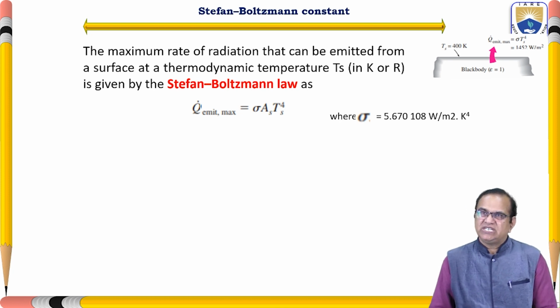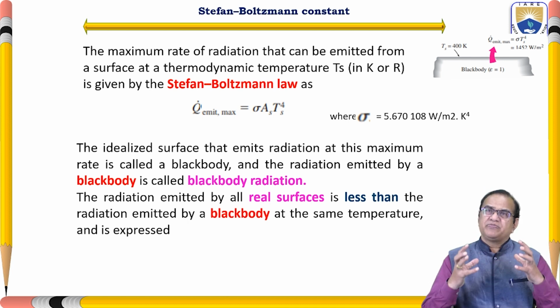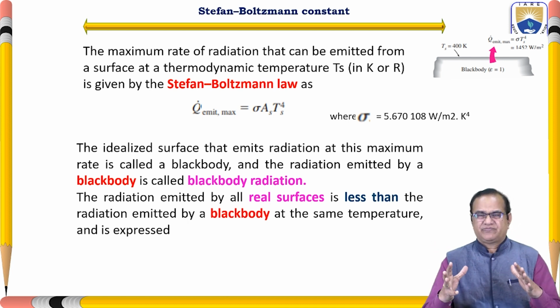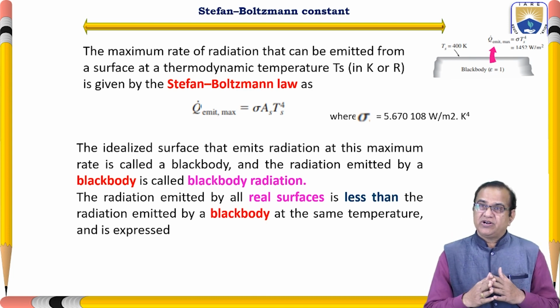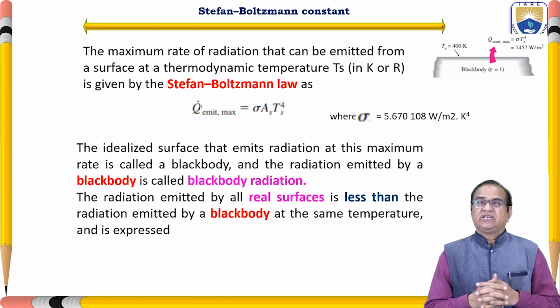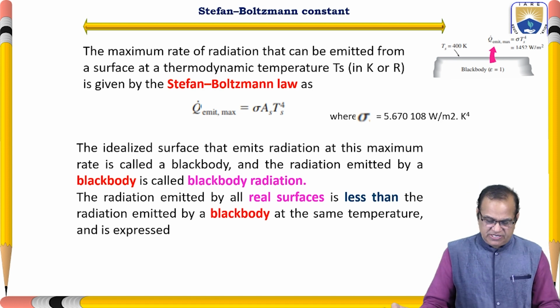This value is constant. For any numerical, we have to use this value. The idealized surface that emits radiation at this maximum rate is called the black body, and the radiation is called black body radiation.